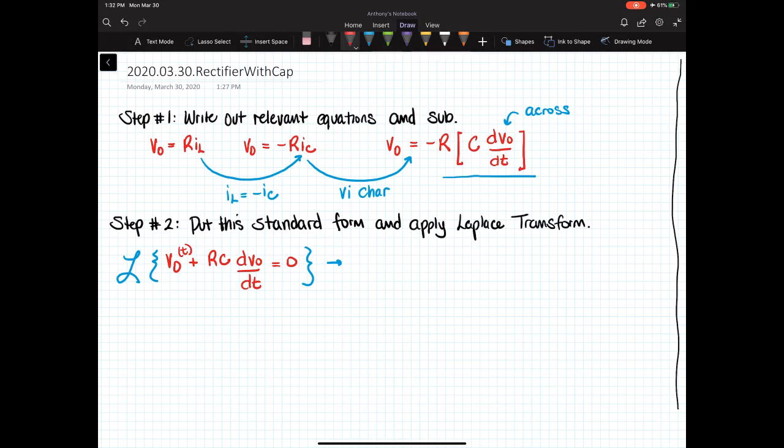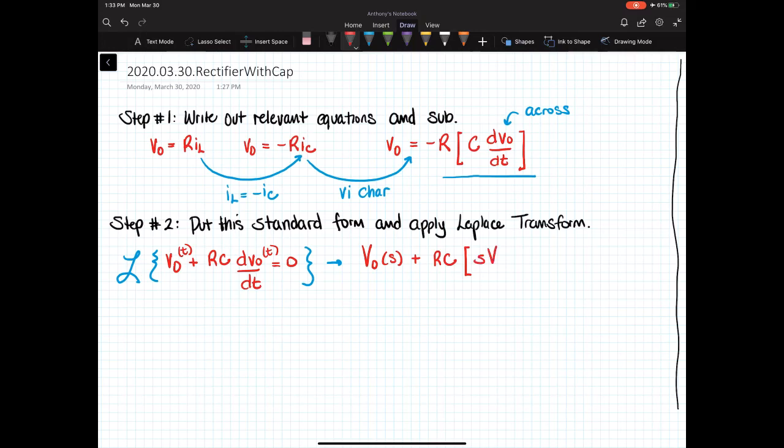Okay, we didn't necessarily write it out every time. But now what we'll have is capital VO of S plus RC. And then here is where we have to apply the Laplace transform for the derivative of a function.